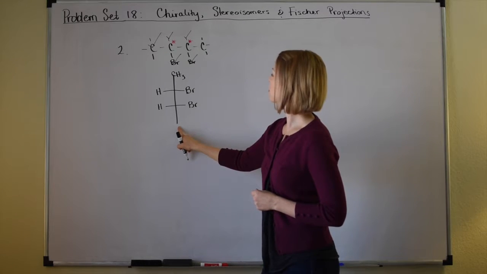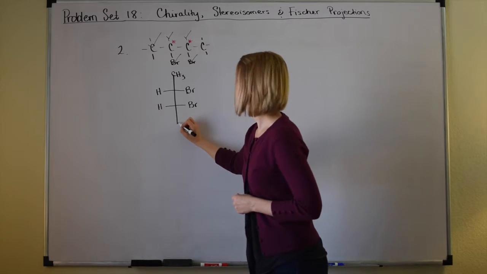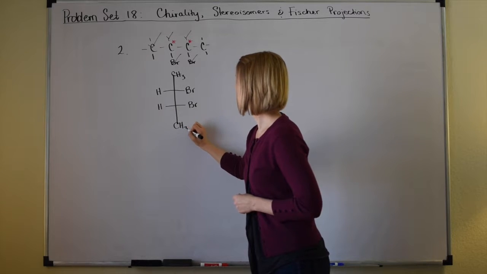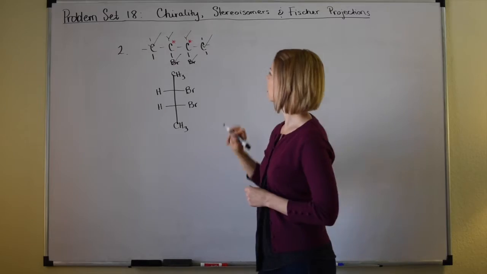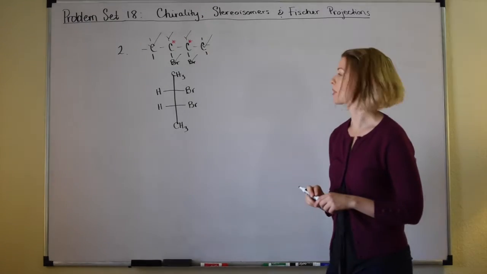And then at the bottom, that's not a chiral carbon, so we're not going to put a cross there. We're going to just write our CH3 for that achiral carbon.